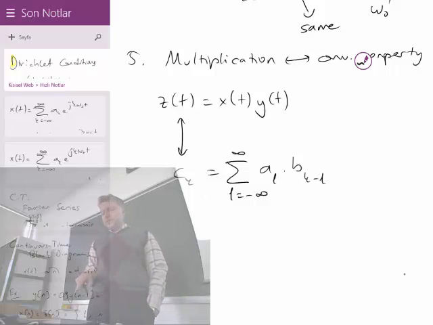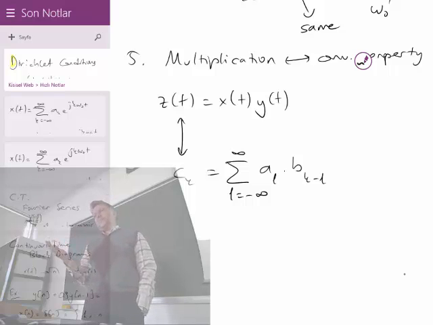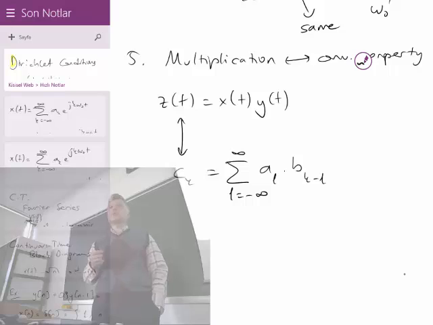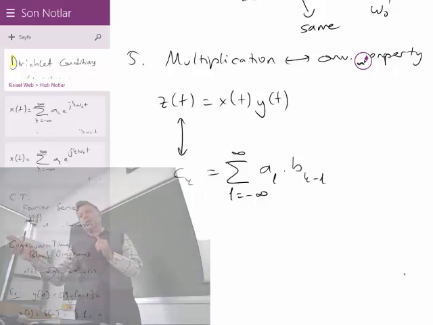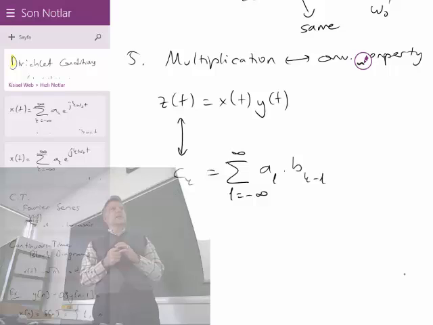This property in its current form is not very useful as compared to the Fourier transform property that we will see, which says that if you convolve in time, that would correspond to multiplication in frequency in the Fourier domain.